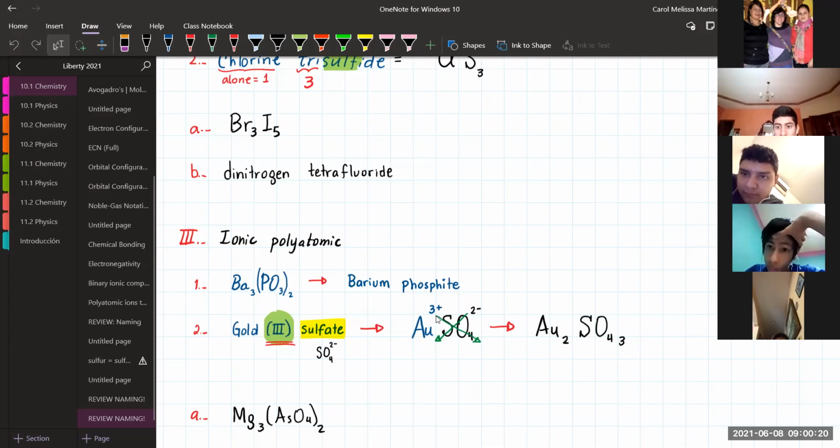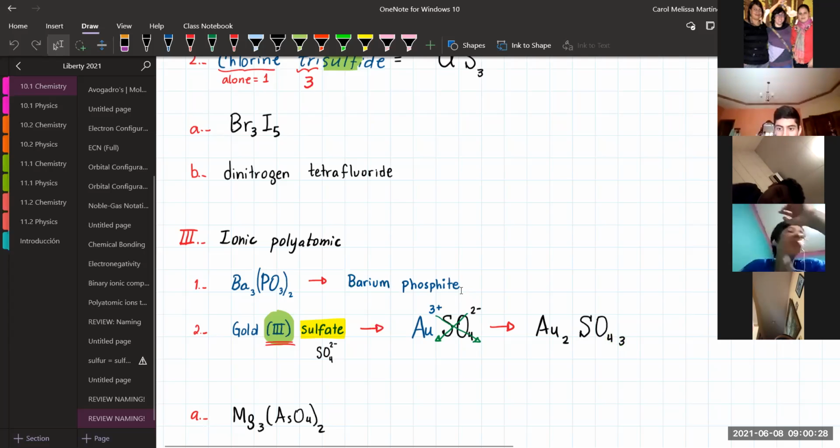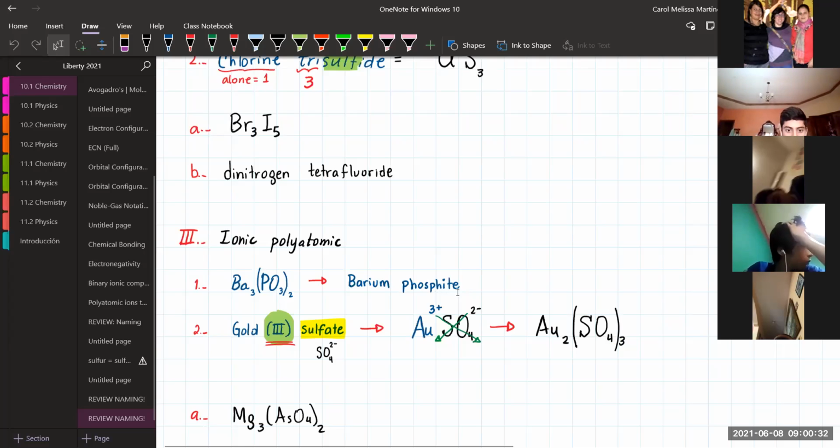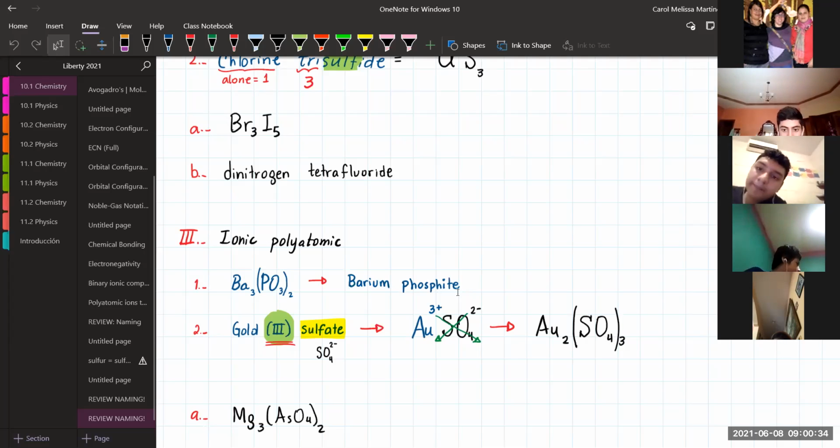And here, since I cannot have these two numbers together, I need to separate them with a parenthesis. And now it's well written.